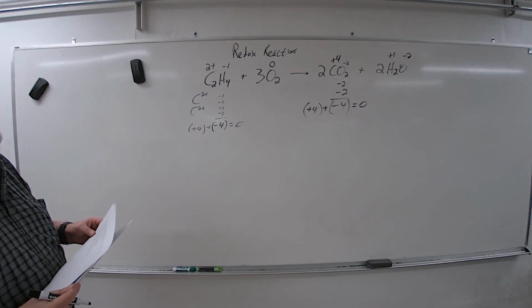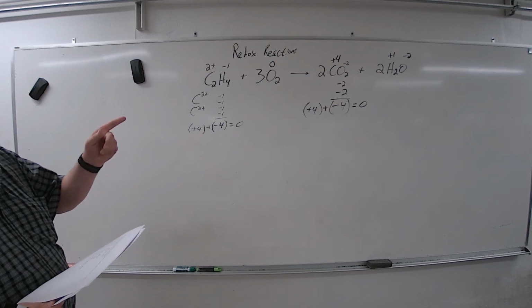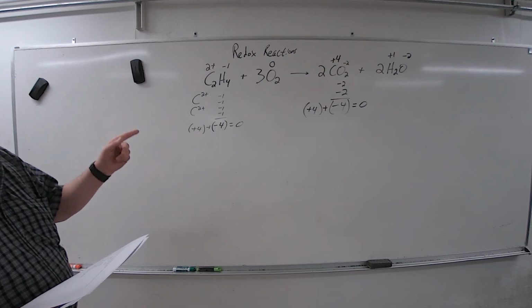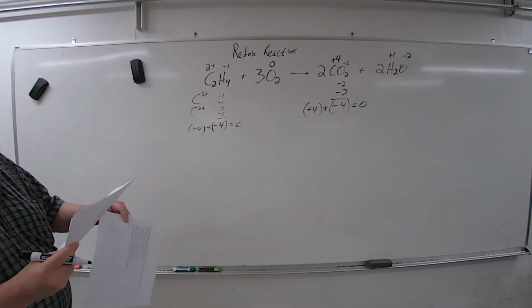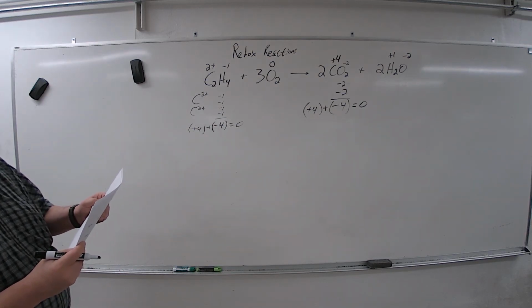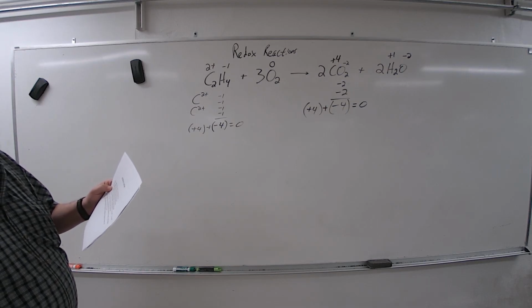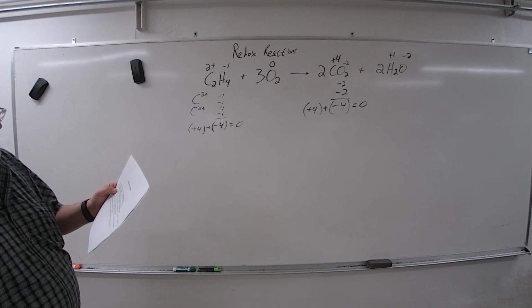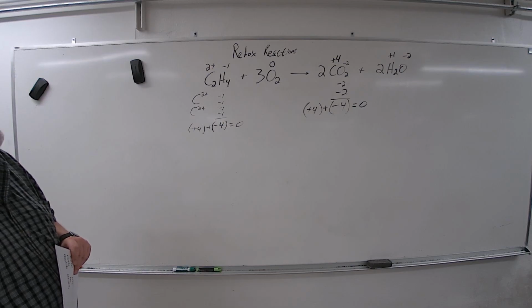-2. Got too much going on now. -2 -2, which makes that +4. That becomes -2. +1 combined with nonmetals. I do this every time I do a combustion reaction. I get stuck.